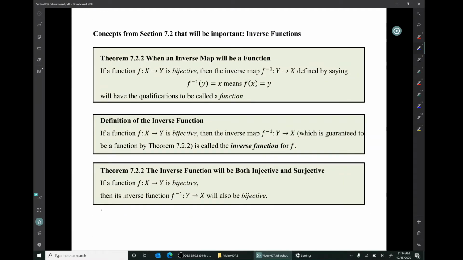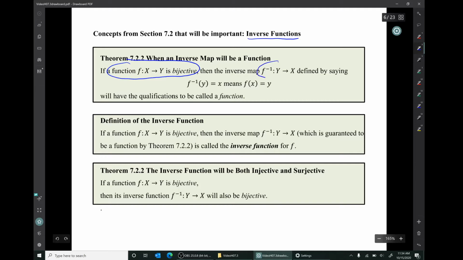Another concept from section 7.2 that will be important is that of an inverse function. Remember that if a function little f from set capital X to capital Y is bijective, then it will have an inverse function.